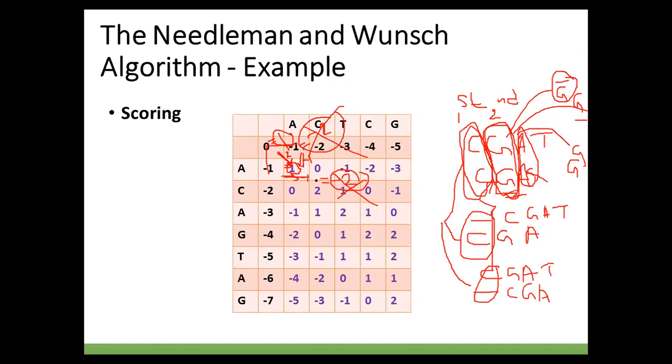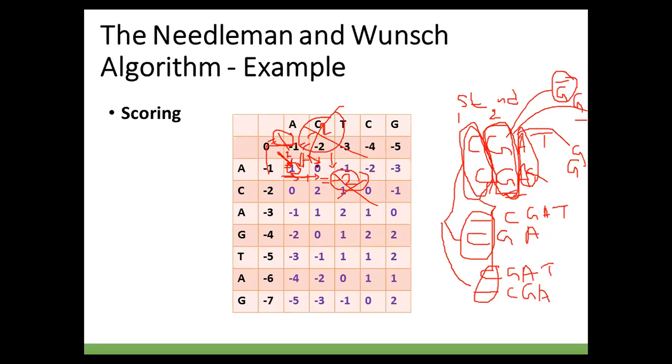So now we have got the maximum value for this one. So you do not go to here. Rather, you have now discarded the other 2 possibilities and come up with the highest value. Now when you are looking at this position, you have to consider 3 sides, 1, 2, and 3.